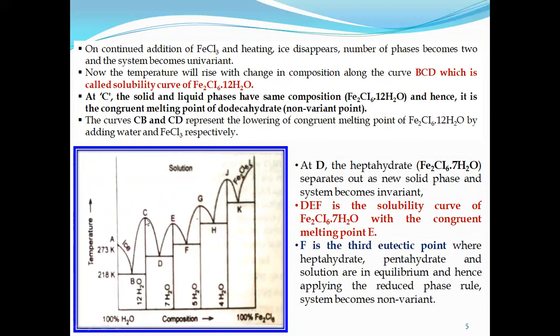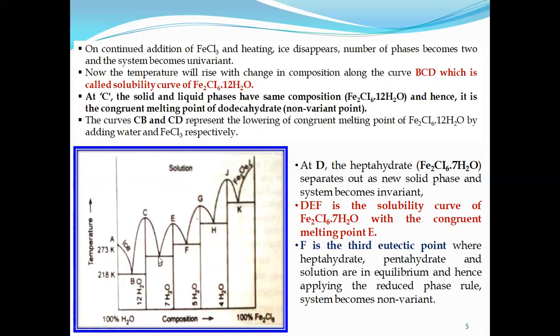At point C, solid and liquid phases have the same composition, that is ferric chloride dodecahydrate, so it is called the congruent melting point of the dodecahydrate. At this point, the dodecahydrate will melt. The curves CB and CD represent the lowering of the congruent melting point of the dodecahydrate by adding water and FeCl3.